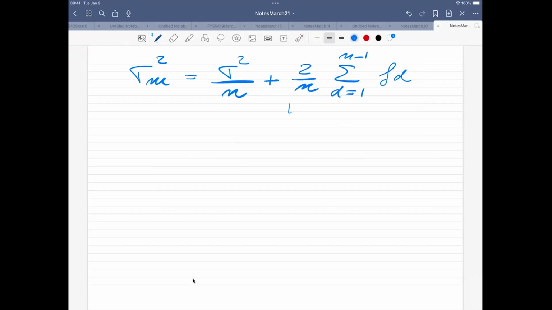This is called, in the literature, it has actually many names, but it's called the autocovariance. It's pretty common to scale this and define the correlation function.